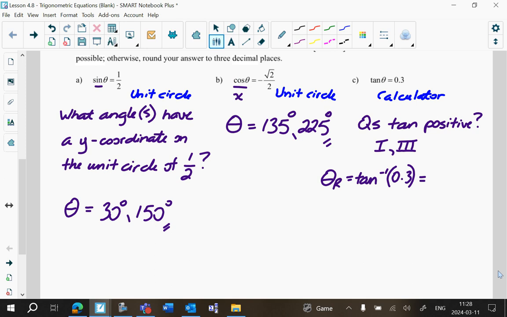Because if I know the reference angle, I can find the measure of any angle in all 4 quadrants. So when I do this, maybe 3 decimal places, 16.699 degrees.